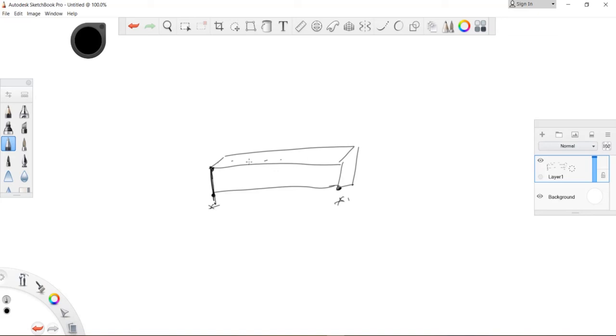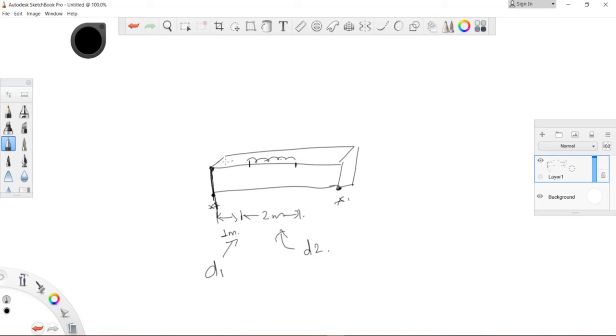Suppose that you are applying a UDL at a distance 1 meter from the face of the beam, so from here you are applying the UDL, and the length of this UDL is, suppose, 2 meters. In this case, this 1 meter is our D1, this 2 meter is our D2, and D3 we know.